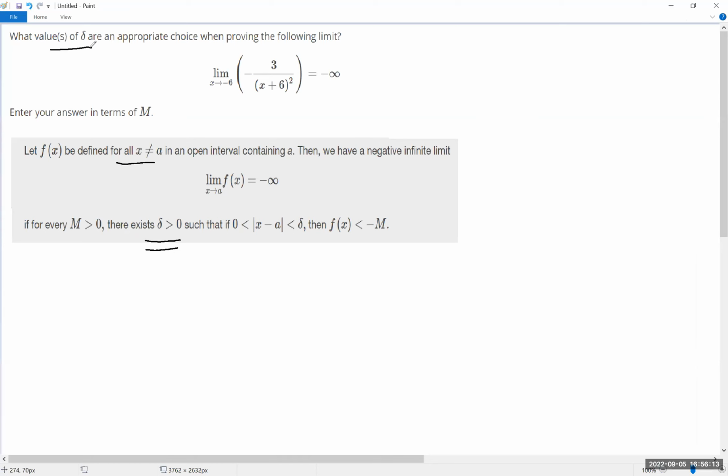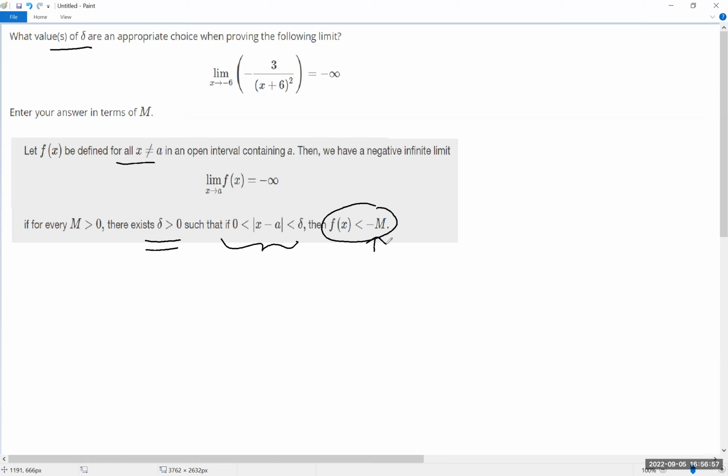We're saying there must exist, in order for us to be able to prove this, a delta such that the relationship is maintained. Basically, we're saying if we choose a delta so that x can get really close to a within that delta, then this thing is going to be less than some value m.